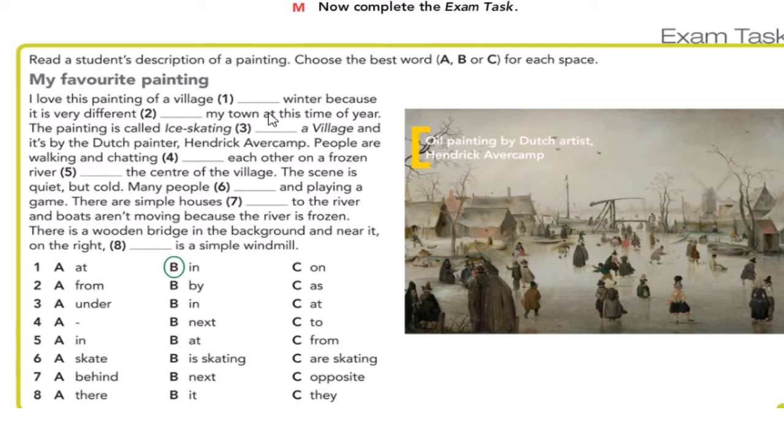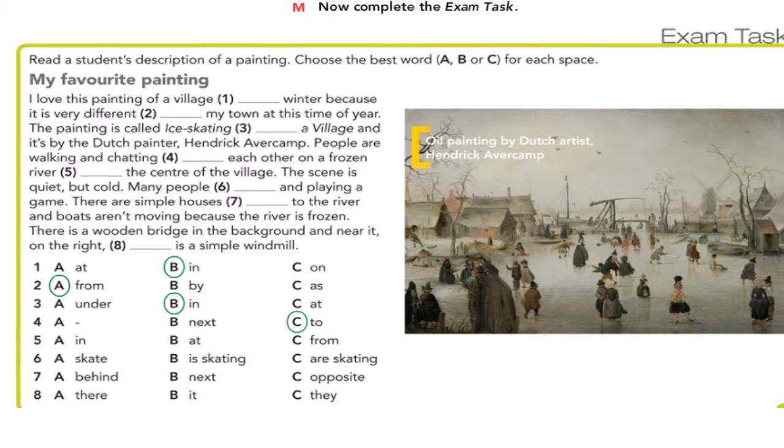Now, are you ready to check your answers? Let's read together. My favorite painting. I love this painting of a village in winter because it's very different from my town at this time of year. The painting is called Ice Skating in a Village, and it's by the Dutch painter Hendrik Avercamp.